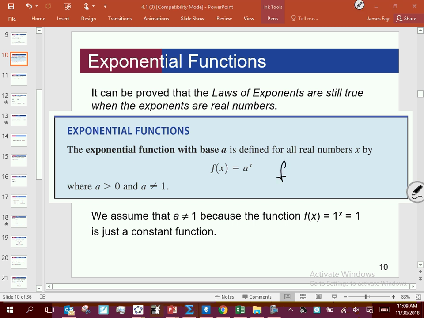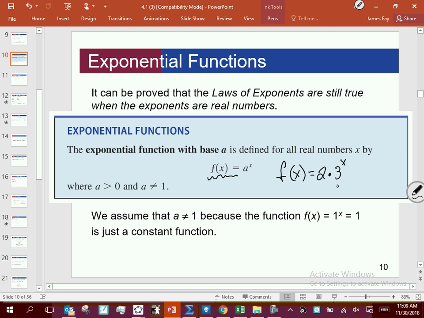I don't necessarily care for the way they've written this here as f of x equals a to the x. It is absolutely true, but if that's the way you learn what an exponential function with base a looks like, you sometimes get confused when they write something like 2 times 3 to the x.